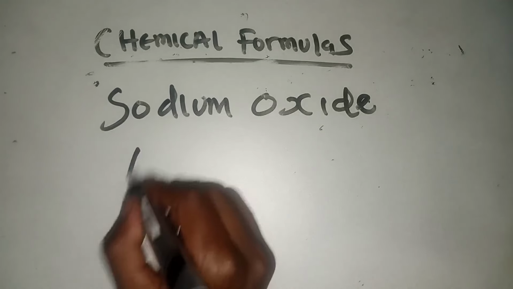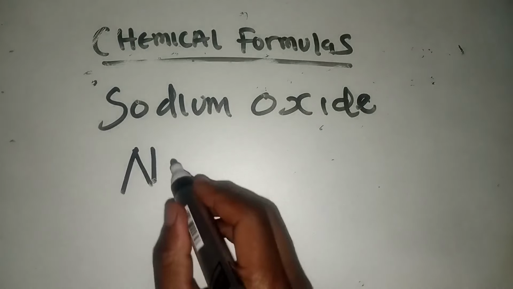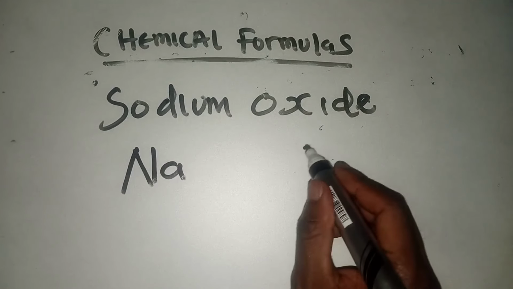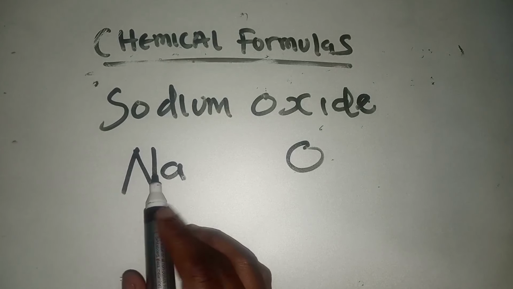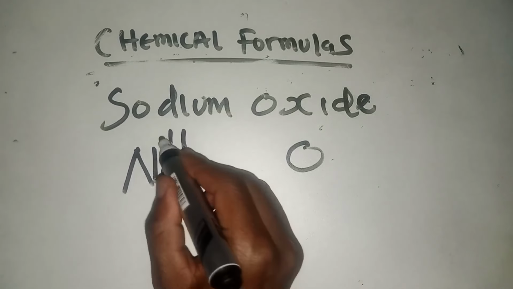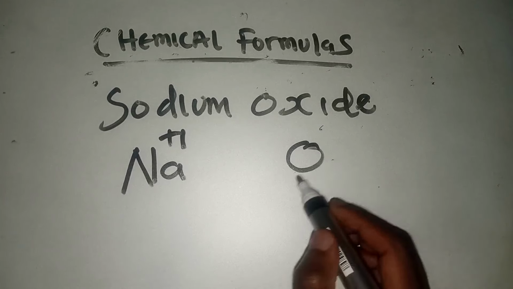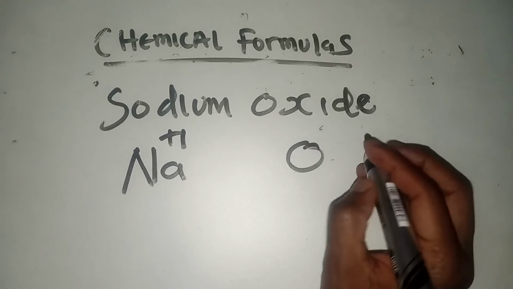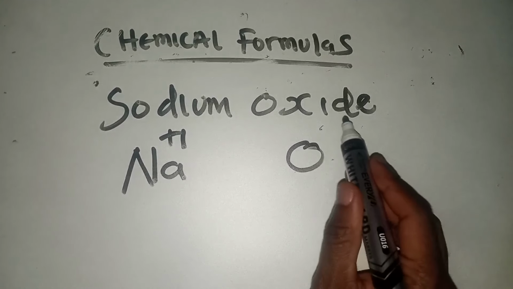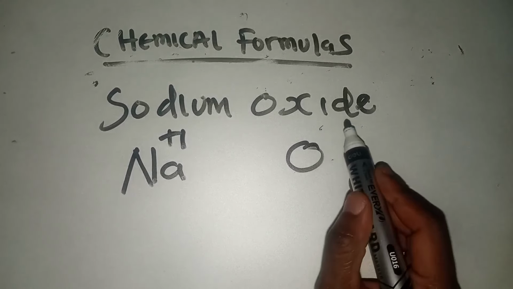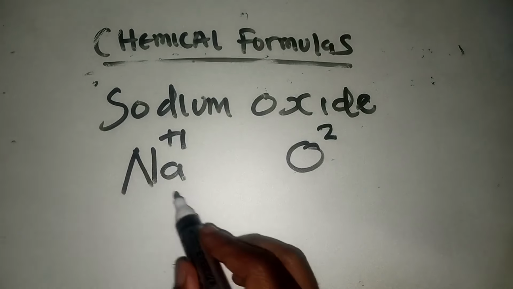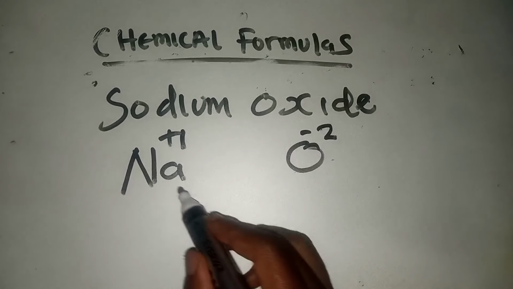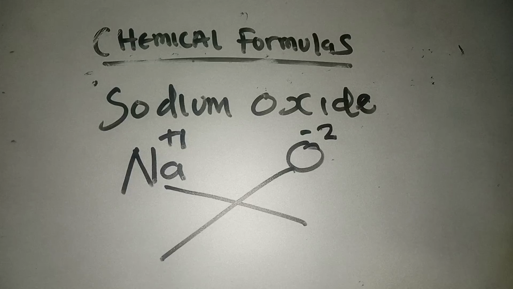You know the symbol on your periodic table for sodium is Na, and oxygen is O. Sodium is found in group 1, so it possesses a valence number of positive 1. Oxygen is found in group 6. As usual, you subtract 6 from 8, so your valence number will be negative 2. Then you swap them like that. You cross them.